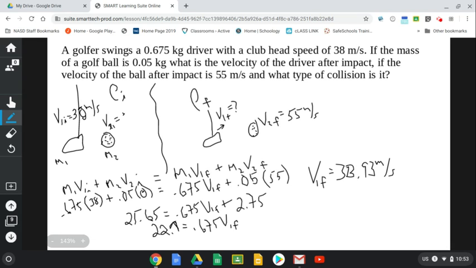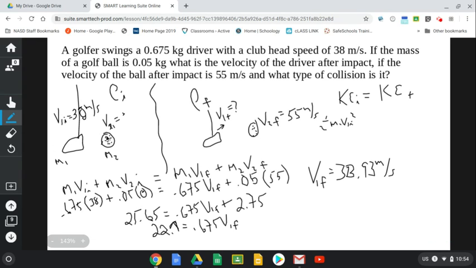So now, what type of collision is this? Well, there's only one way to answer that question. We got to look at the initial kinetic energy of the system and the final kinetic energy of the system, right? So over on this side, we have 1/2 m1 v1i squared. That's the initial kinetic energy of the golf club.